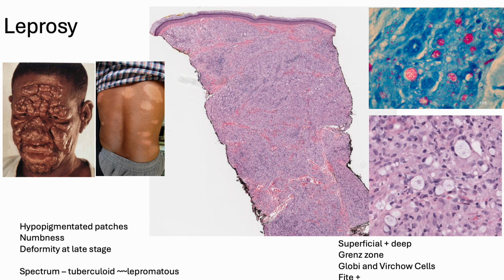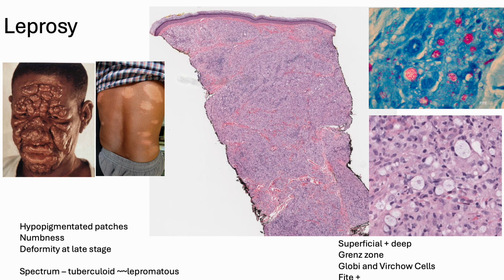Because if they give you a histology picture of tuberculoid, it's hard. They have to give you either AFB positive, which is hard to detect in tuberculoid leprosy, or they have to give you other negative findings to rule out sarcoidosis. So to me, if I'm designing the exam, I would give you lepromatous.